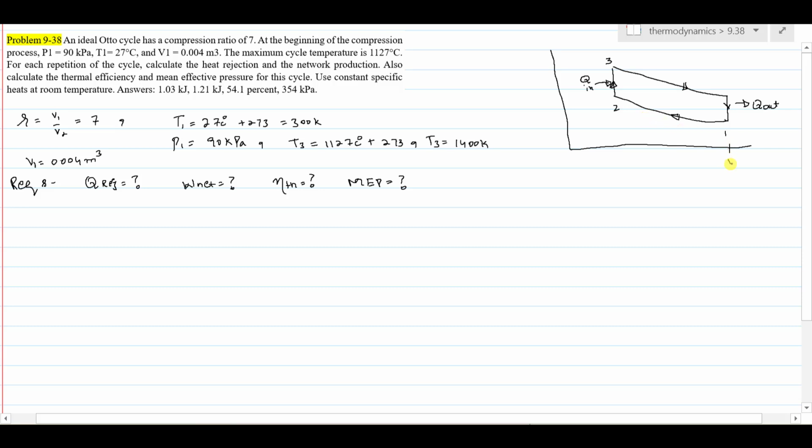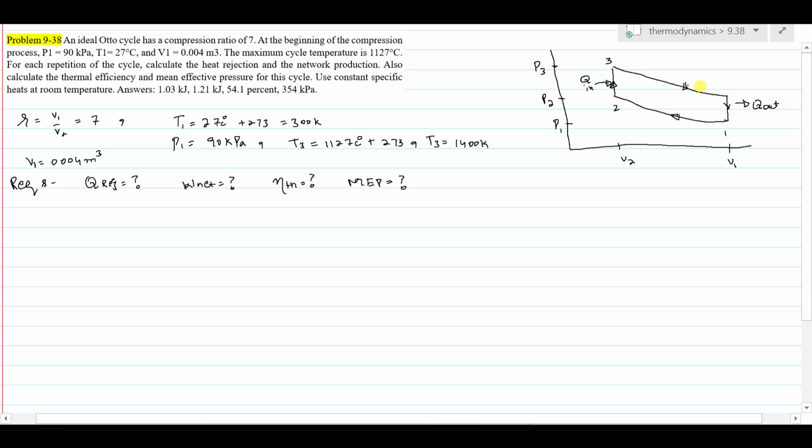That's why the volume decreases from V1 to V2, and the pressure increases. Then heat addition at constant volume takes place, and the pressure and temperature increase. The maximum cycle temperature is reached at point 3, and it is given as 1400 Kelvin.